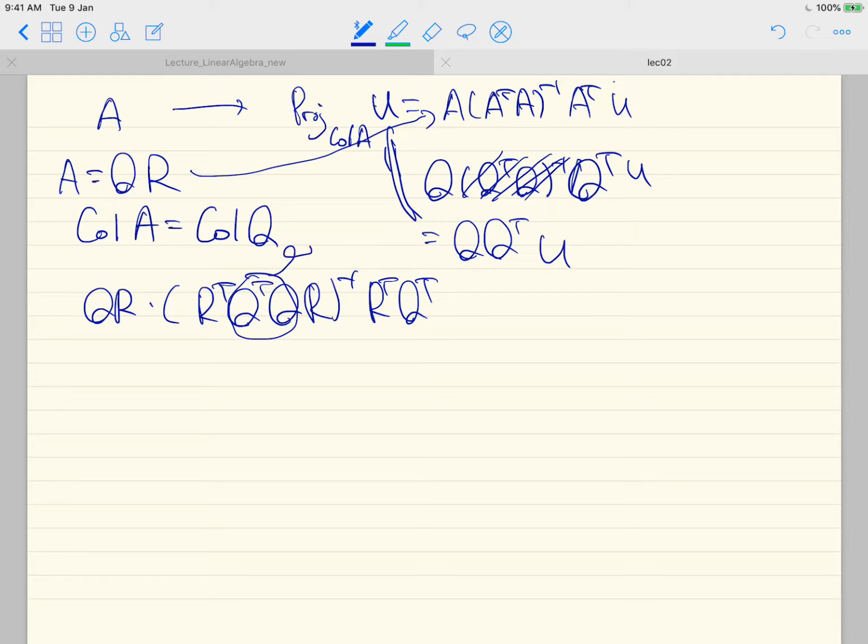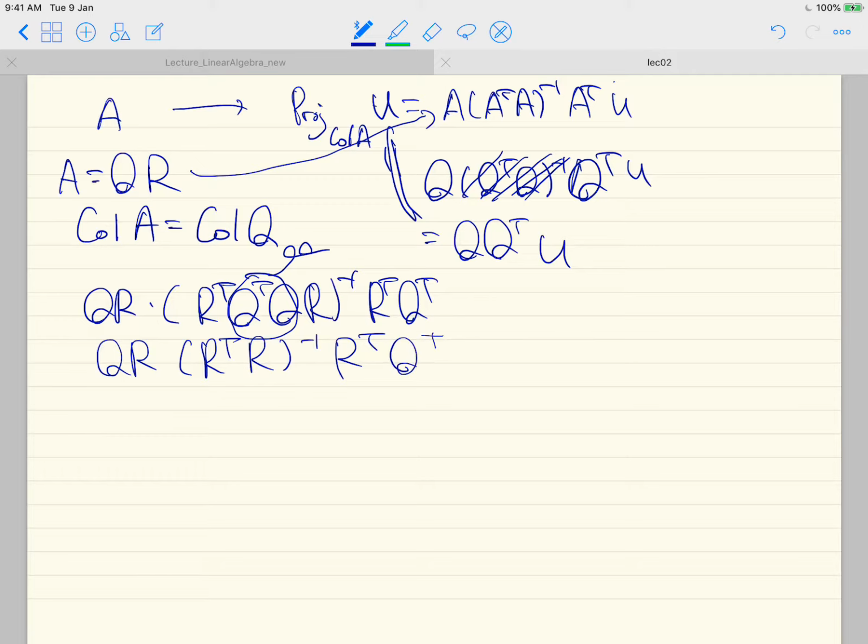So it is gone. Okay, yeah, I think it is proved. So Q transpose Q is gone, right? Because that is identity. And now Q R and (R transpose R) inverse and R transpose Q transpose, right?